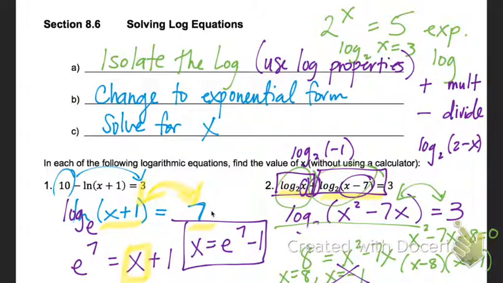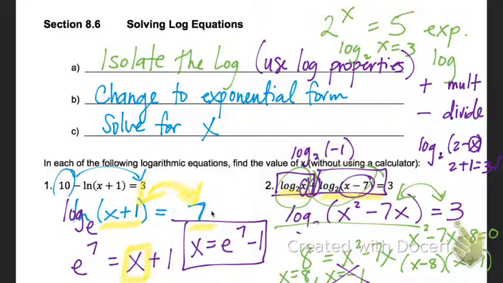If I plugged in -1 here, it would be 2 plus 1, which is a positive 3. So that one actually ends up working. Just because you get a negative answer doesn't mean it doesn't work. You have to think, when I plug that answer into both of the logs in the original problem, does it become negative?